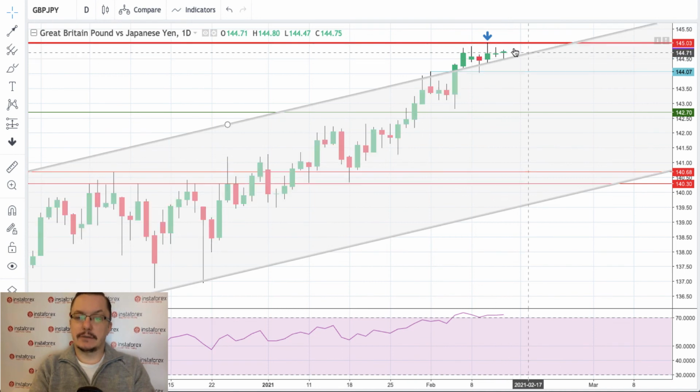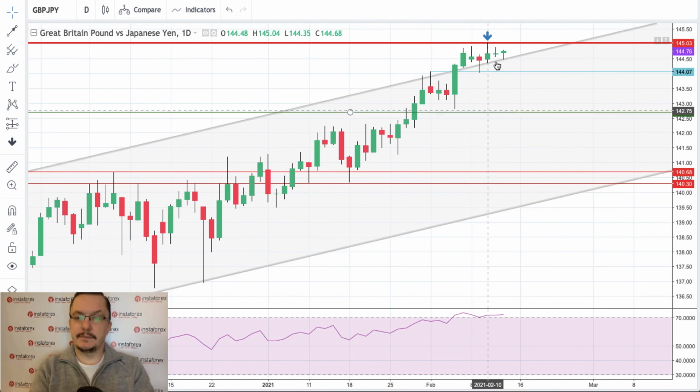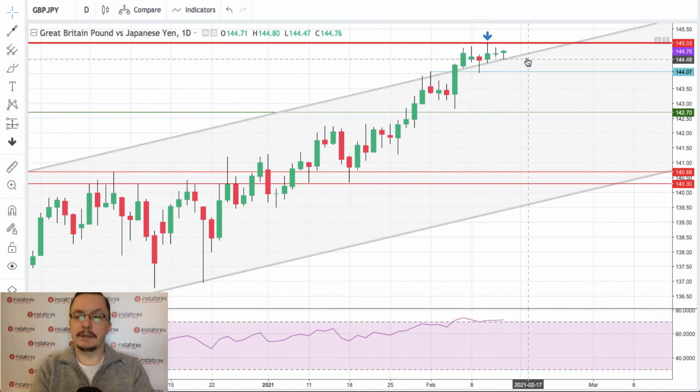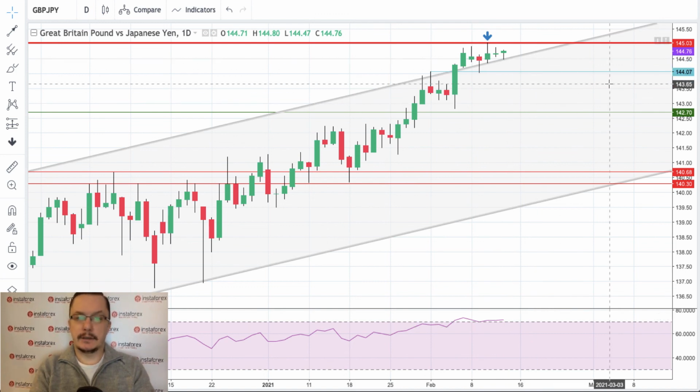So if we start to consolidate here, please consider the scenario that we might go down for a correction or a pullback, because the current momentum is at an extreme level. So that's the outlook for the British pound to Japanese yen.